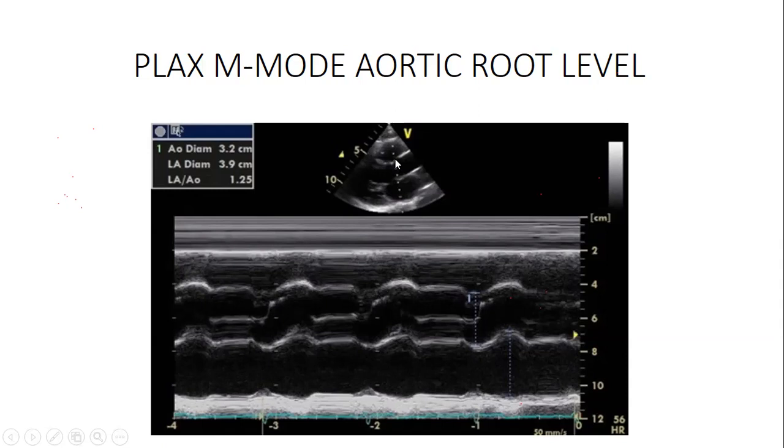This whole thing you are seeing here is the aortic root. Don't miss it here.